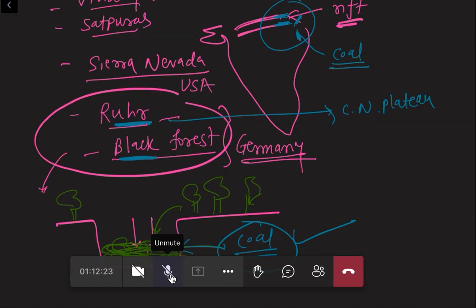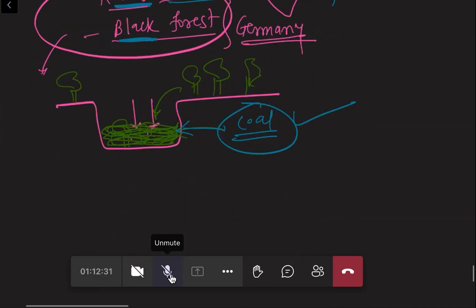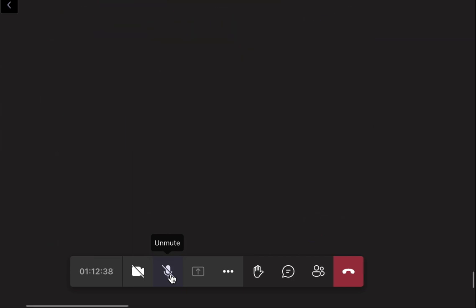Okay. Now we move forward. This rift is again seen in one prominent area, and that area is Eastern Africa. Okay, so this is Africa.